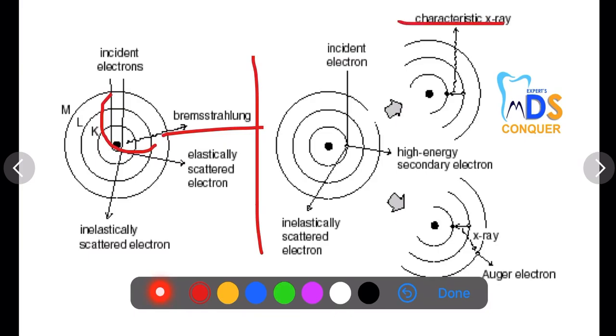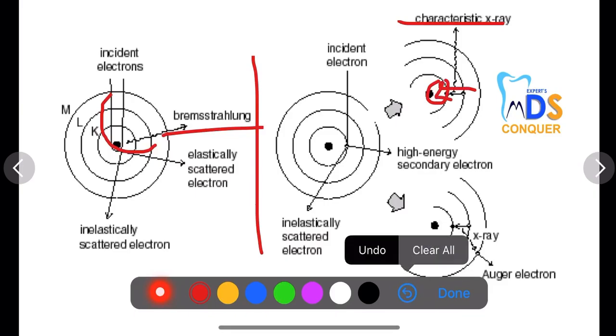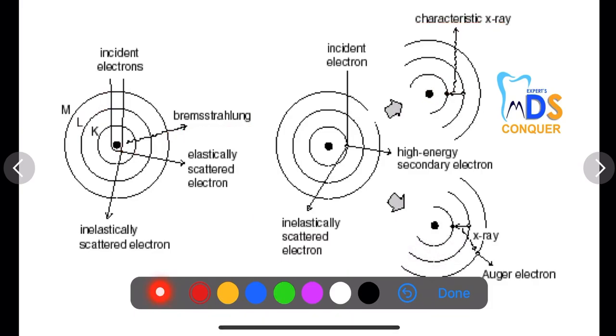In characteristic X-ray, the innermost electron is hit and the outermost electron falls into the innermost orbital, producing an X-ray. This is the major difference between these two types of X-rays produced at the tungsten target.